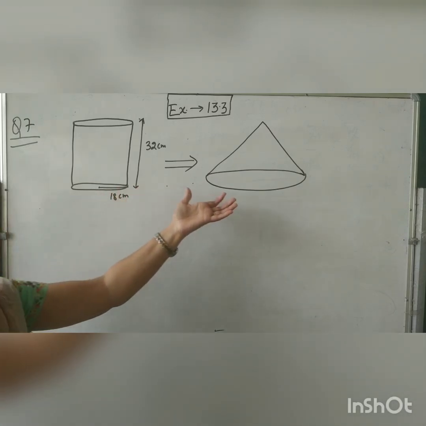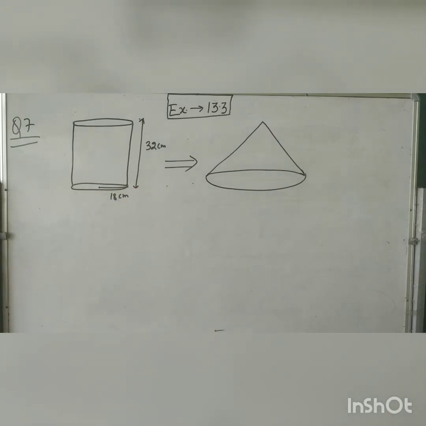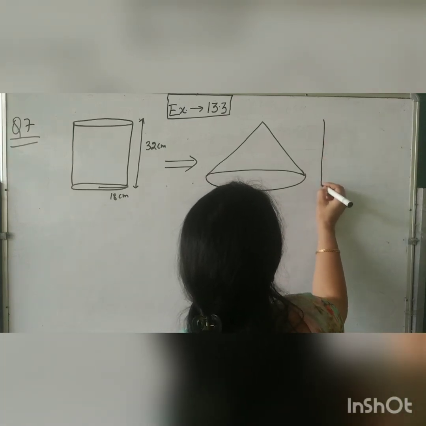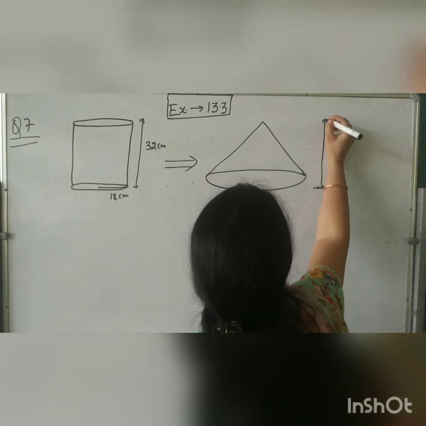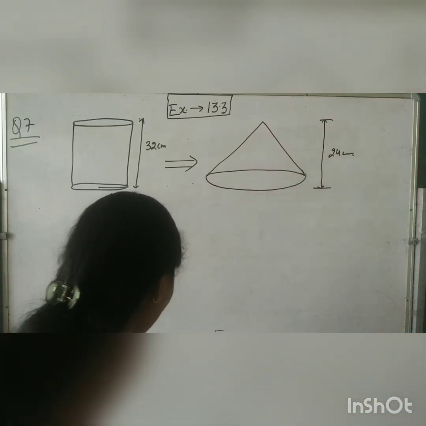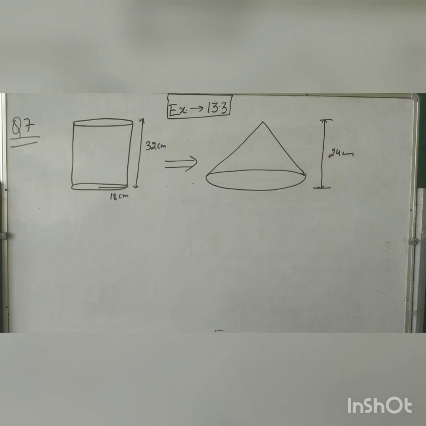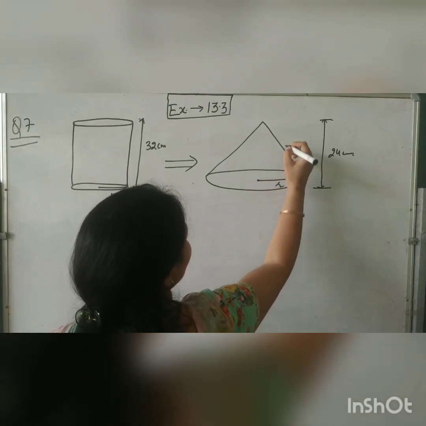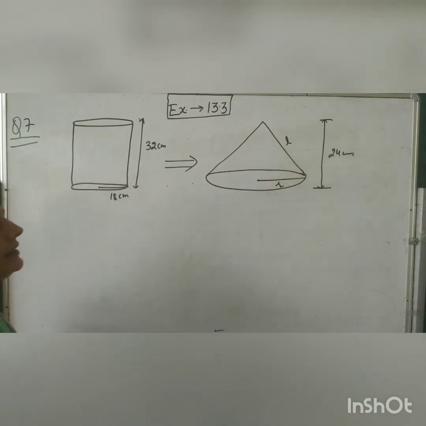Cylinder changes into cone, whose height is 24 cm. We have to find the radius and slant height of the heap.